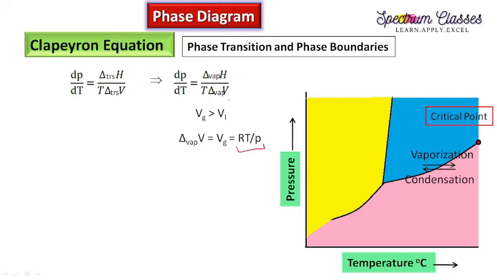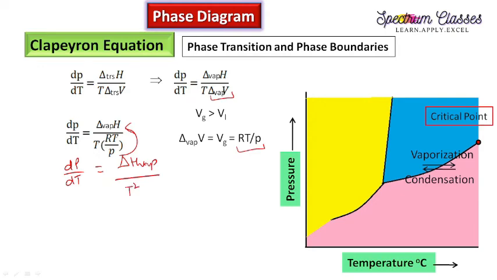On substituting all these values in this equation, instead of ΔV vaporization I put RT upon P, and this P will go to the other side. So dP/dT is equal to ΔH vaporization upon RT square into P. If I rearrange this, then dP upon P is equal to ΔH vaporization upon R times dT upon T square.